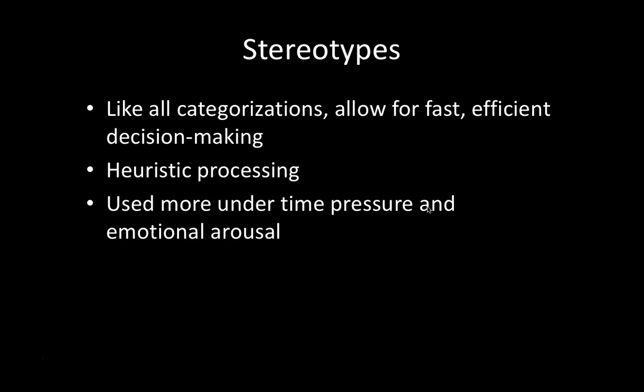And they may occasionally serve us well. It's better than completely guessing, and we don't have time to do all this processing. So stereotypes become heuristic devices to help us process information fast and efficiently.